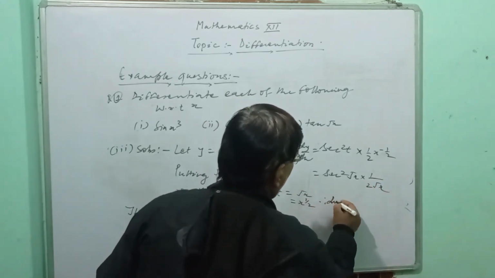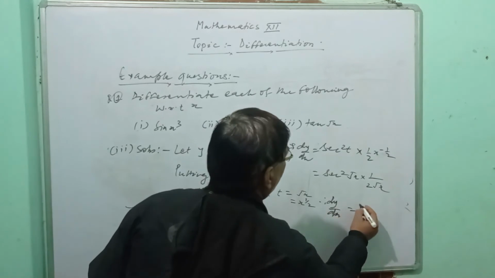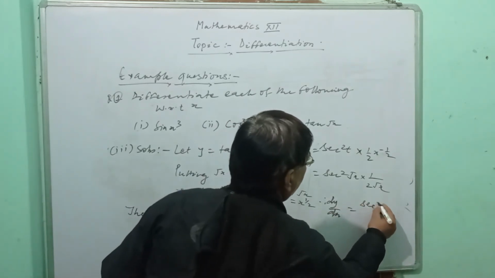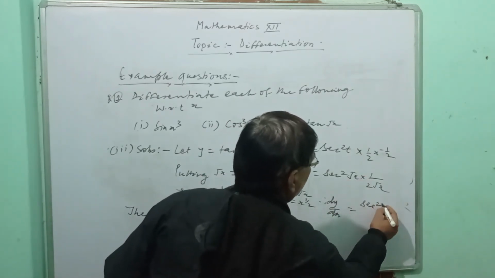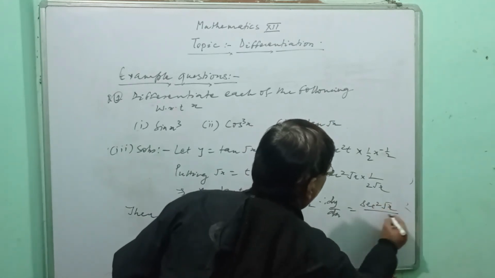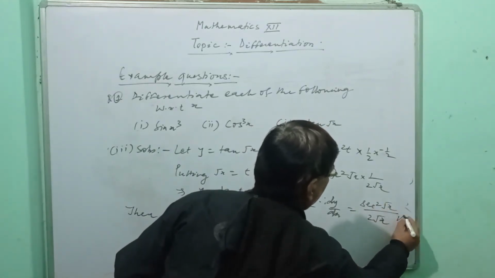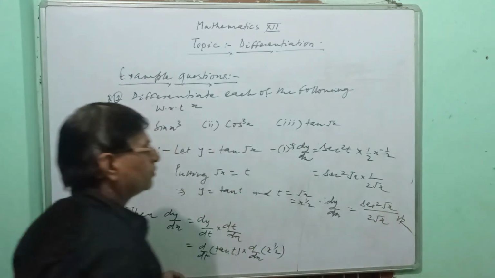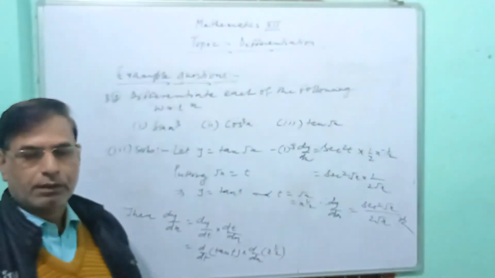Therefore, dy by dx is equal to sec square root x by 2 root x. This is the solution of this question.